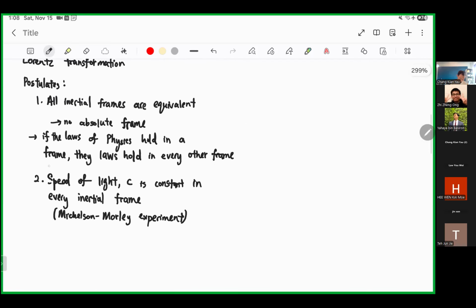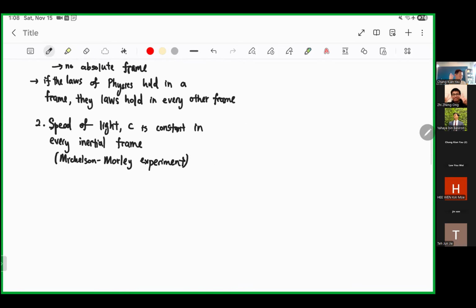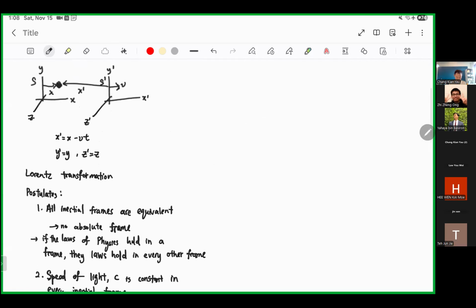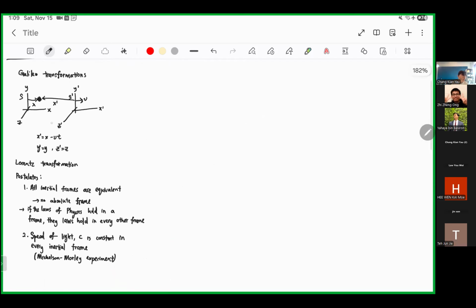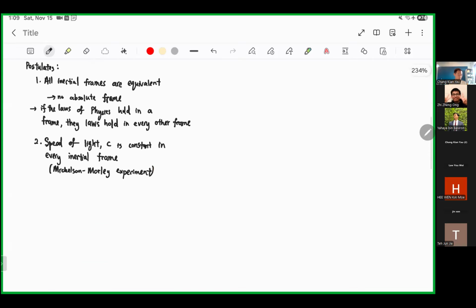Because of this particular second postulate, we get really weird, non-intuitive transformations, as we'll see. Now I'll try to derive the Lorentz transformation for you. This is what we call the Galileo transformations, and now we're deriving another set of relationships between x', y', z' and x, y, z. We'll use these relationships to derive more interesting effects in the future.